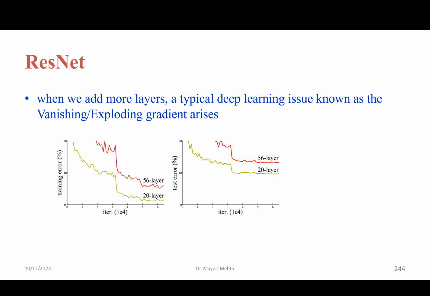In these figures, you can see the performance of two architectures plotted, a 20 layer architecture and a 56 layer architecture. You can observe that the 20 layer CNN architecture performs better on training and testing data sets than the 56 layer CNN architecture.